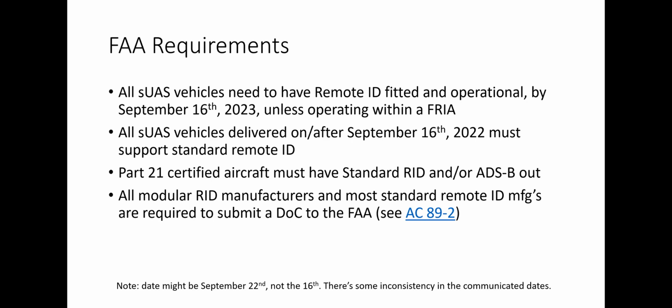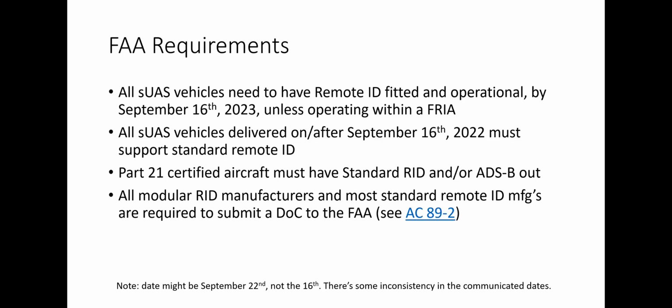In terms of requirements, the FAA's rule requires that all vehicles have Remote ID shipped or implemented in some form by September 16th or 22nd, depending on who you're asking, 2023, unless you're operating within a FRIA.